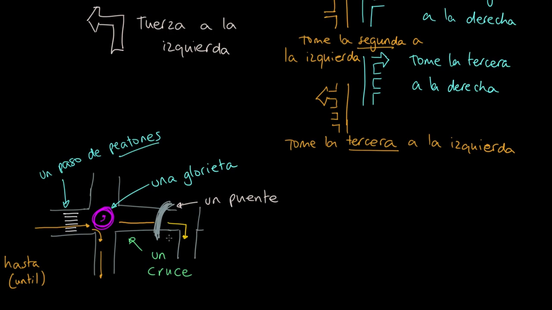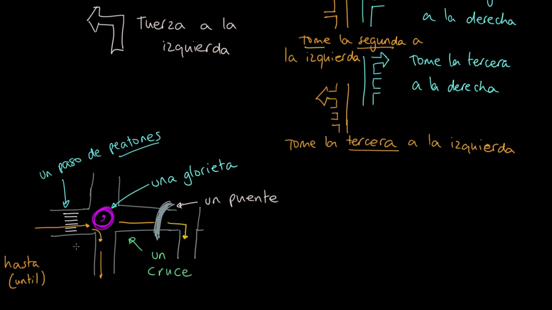Okay, so we can give indications, directions, depending on what things are around us. Another couple of words that are interesting to know. So we've got siga, todo recto. We've got tuerza. We've got tome. But also we can use, for example, cruce.